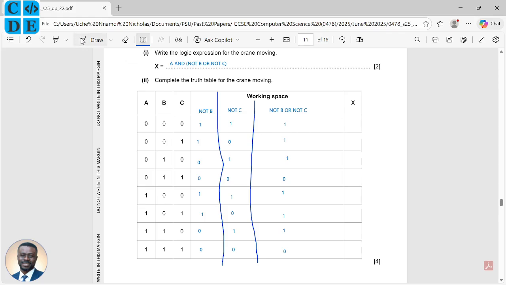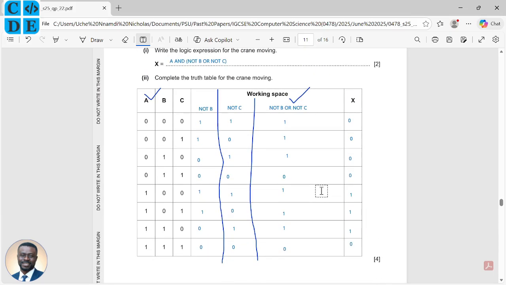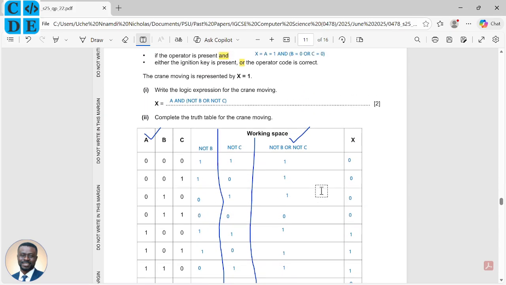With this final part, you are dealing with A and then NOT B OR NOT C. So let's do that. Remember there is an AND in between them. This will be 0. So with this I think we're good to go. Looks like everything is correct.